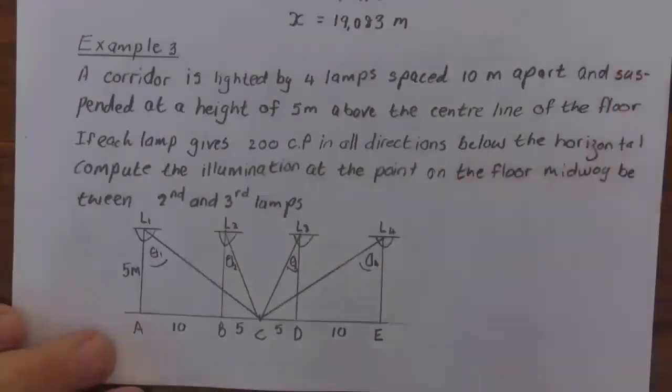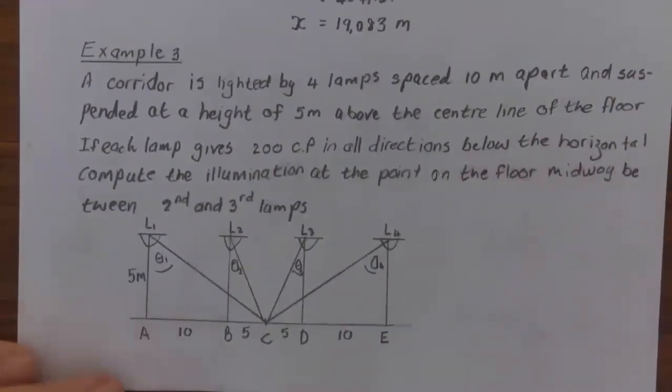Another example. A corridor is lighted by 4 lamps spaced 10 meters apart and suspended at a height of 5 meters above the center line of the floor. If each lamp gives 200 candle power in all directions below the horizontal, compute the illumination at the point on the floor midway between the second and the third lamp.